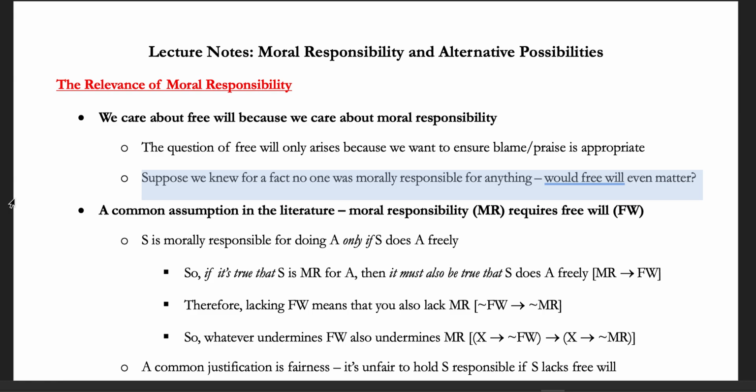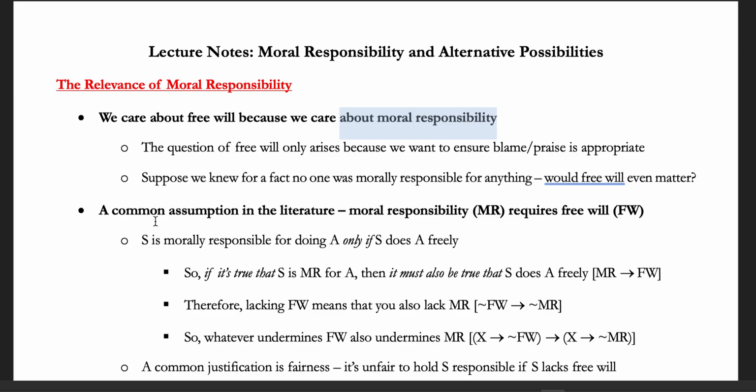Not that that would mean we wouldn't have it, just that if we already knew no one was responsible, morally responsible for anything, then does it even make sense to talk about free will? Would we even care to talk about free will, if anyone acted freely, did things freely, if we already knew no one was responsible? And it seems like maybe not. And so it seems then that the relevance of responsibility here is that that's the reason why we care about free will, because we think maybe people are responsible.